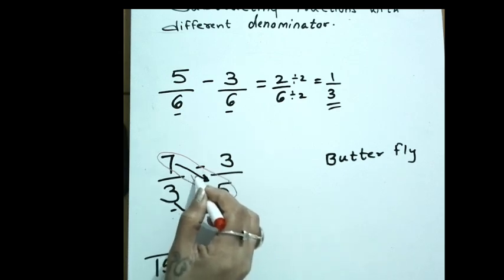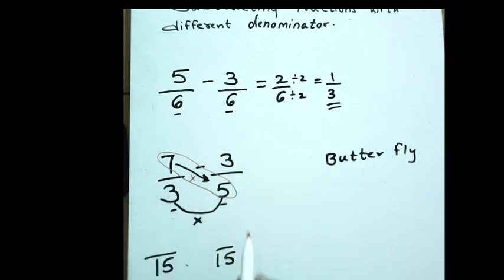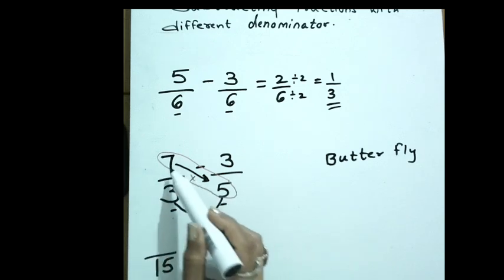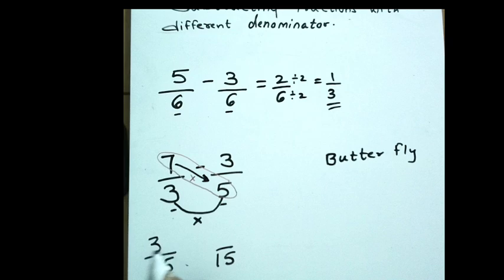Whenever you're multiplying fractions, you only do times. You are always multiplying the numerator with the denominator like this. So 7 times 5 is 35. Write a 35 here.